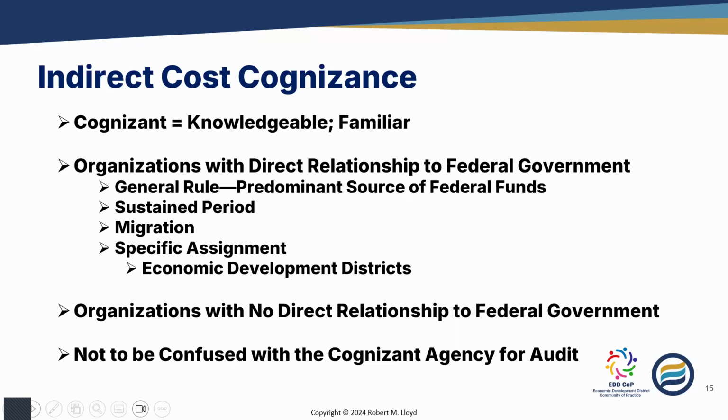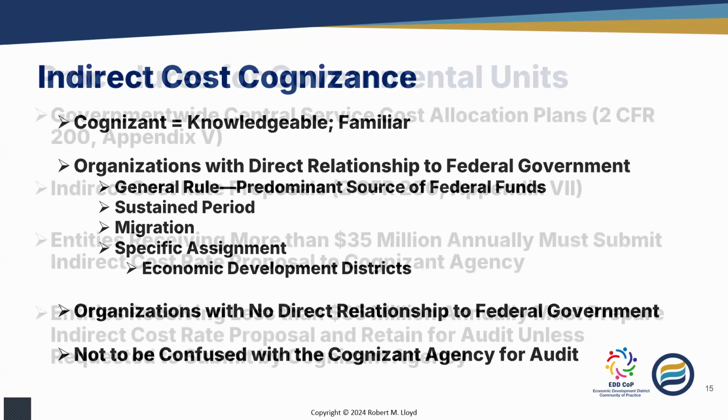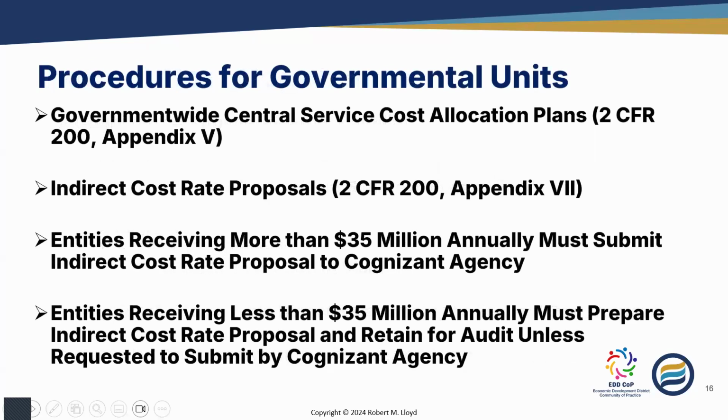And as I said earlier, this is where OMB, in the interest of trying to reduce the number of organizations negotiating with the federal government, has established that entities receiving more than $35 million annually must submit an indirect cost rate proposal to the cognizant agency. Those receiving less than $35 million must prepare the plan and use the rate that results and retain that for audit unless they're requested to submit specifically by the cognizant federal agency.